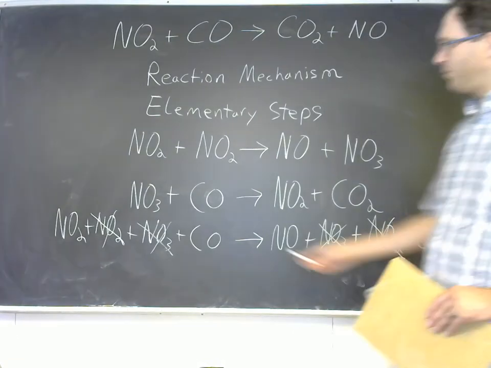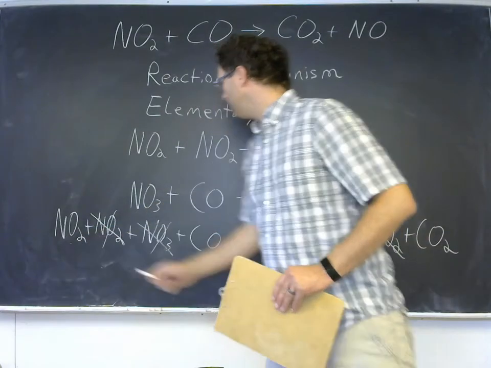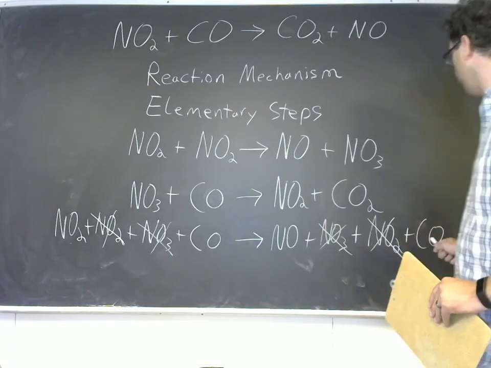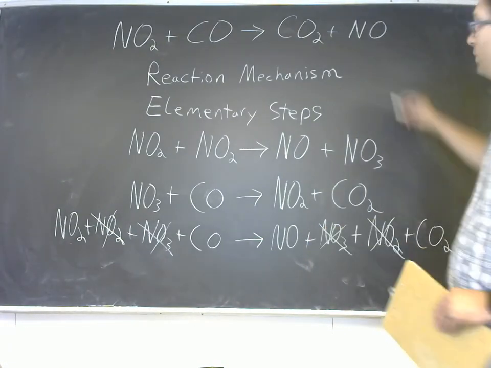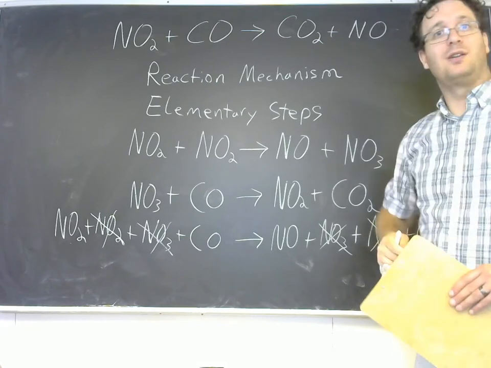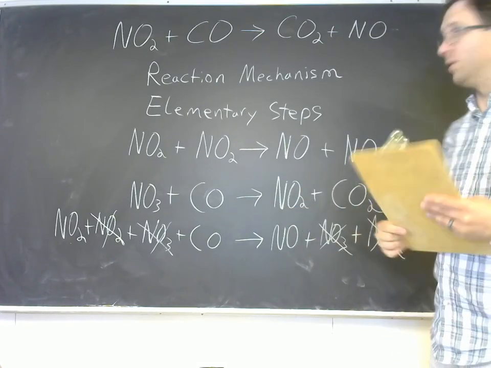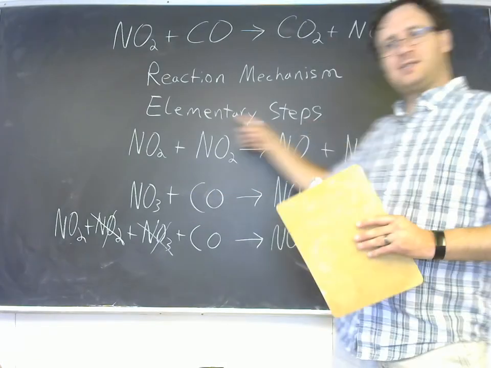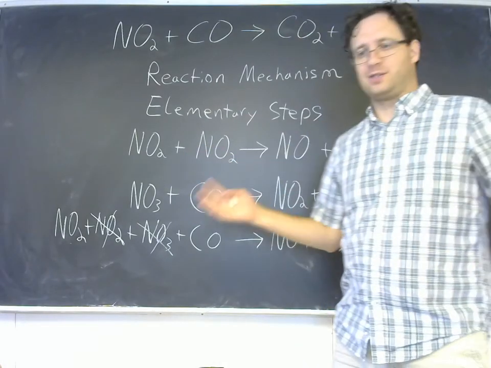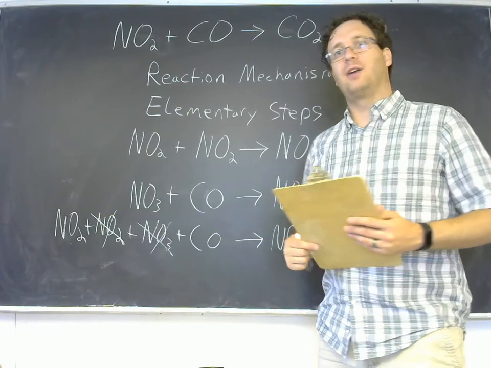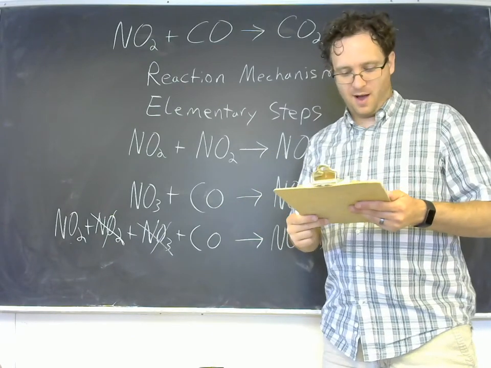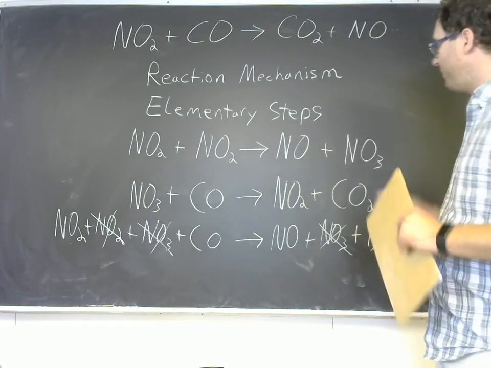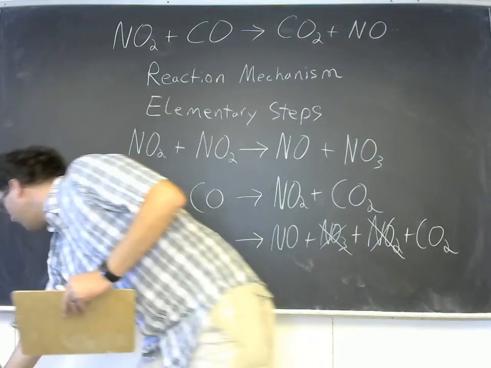And what we're left with is NO2 plus CO yields NO plus CO2, which is indeed the overall reaction that we're looking for. So this reaction mechanism passes that first hurdle about whether it's even a valid proposal or not. Now that we know that it is a valid proposal, let's look at it a little bit closer.